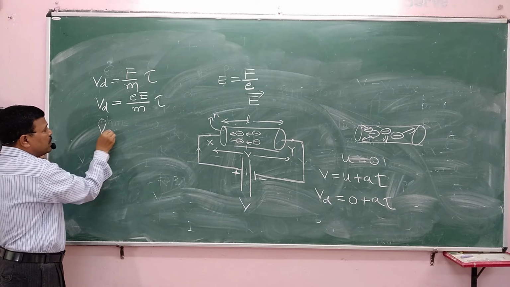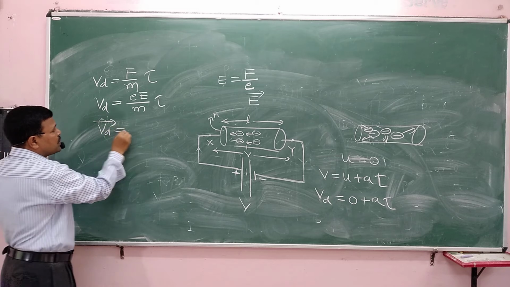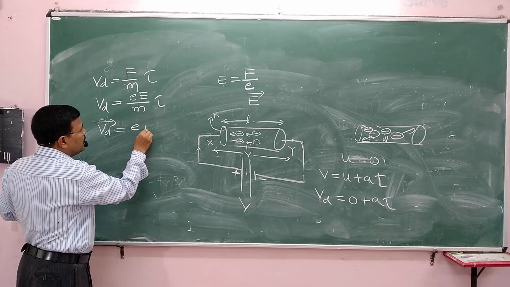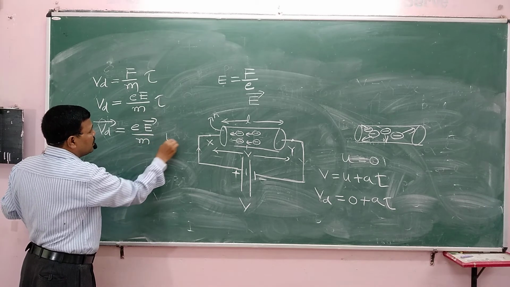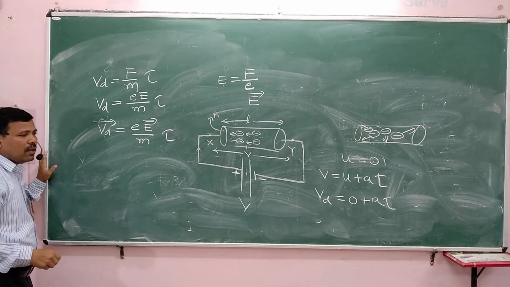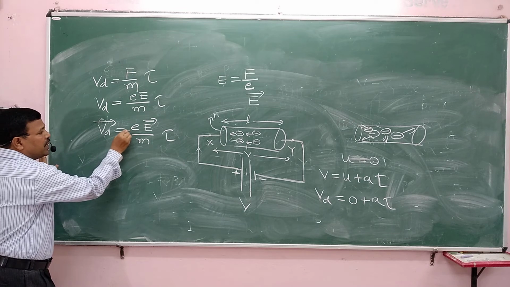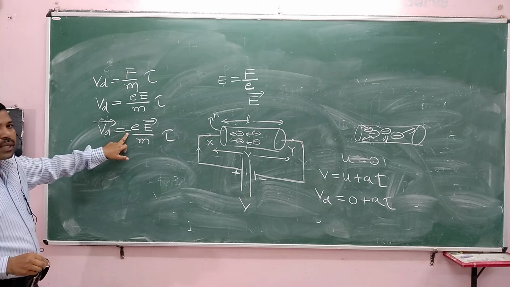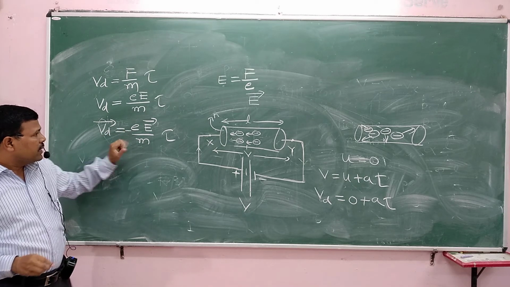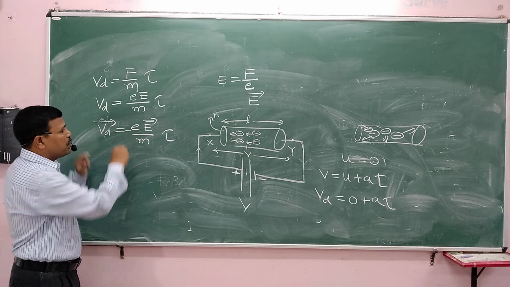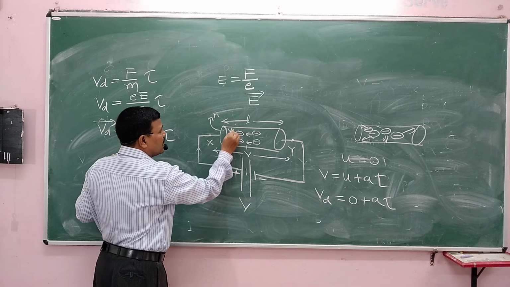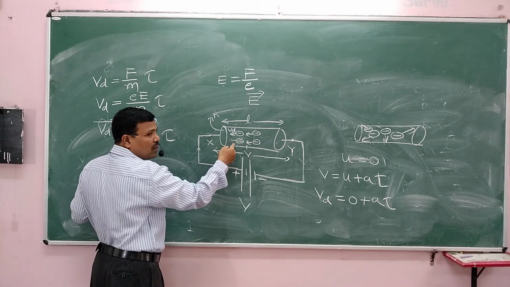In vector form, drift velocity is equal to minus eE divided by m into tau. The negative sign indicates that the drift velocity and the electric field are opposite.